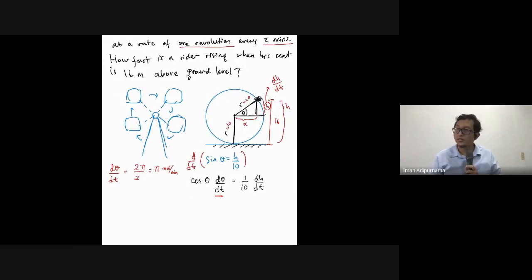And cos theta, what is cos theta? Let me write cos theta. Like I told you, if that's 6, then the other will be 8, right? So if this is 10, theta, this is 6, this is 8, right? So cos theta is 8 over 10.